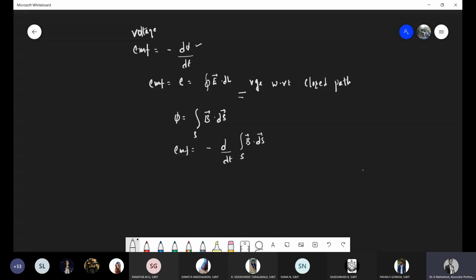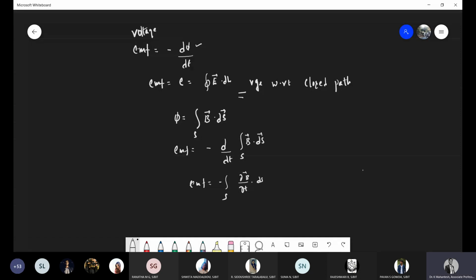So I'll take this differential component inside. So what happens? EMF is equal to, okay, you can take minus also, surface integral dou B by dou t into ds. It's a partial derivative.